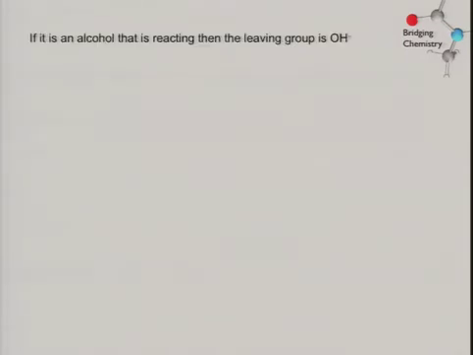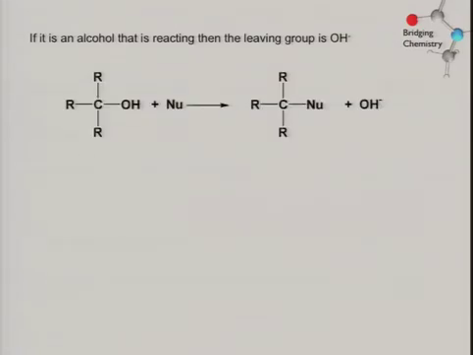If it's an alcohol, that's the thing that's undergoing the reaction, then the leaving group is going to be OH minus. Right? The thing that comes off is OH minus. Now actually, I wonder if I actually say this. Yeah. What you're going to find, you spend about 2.5 lectures just on these sorts of reactions in Chem 191, and you'll find in the textbook there's quite a big section on this.